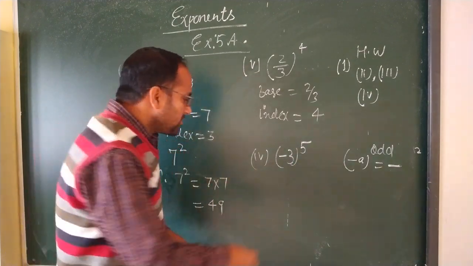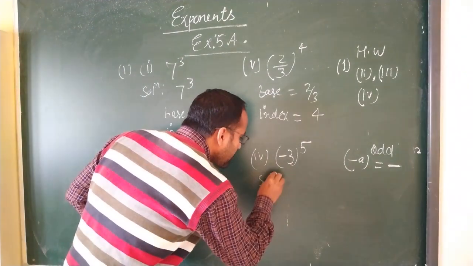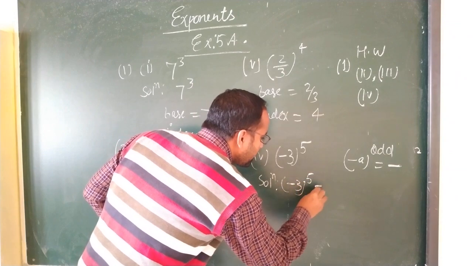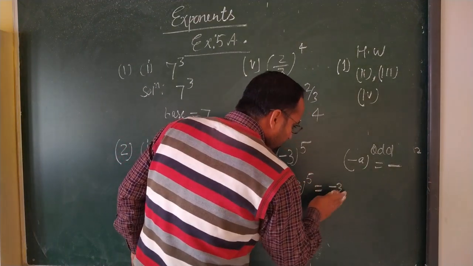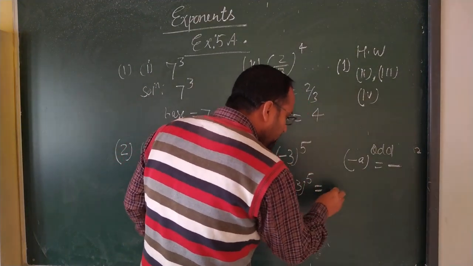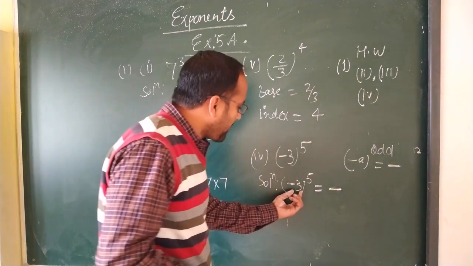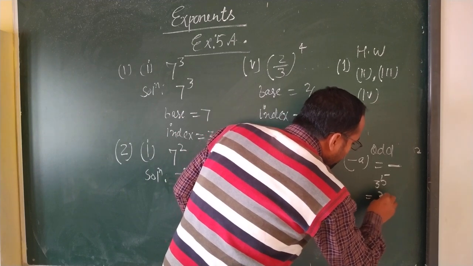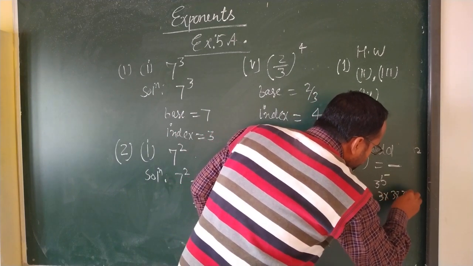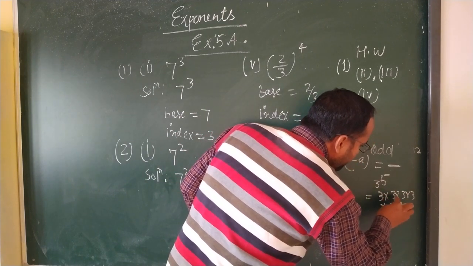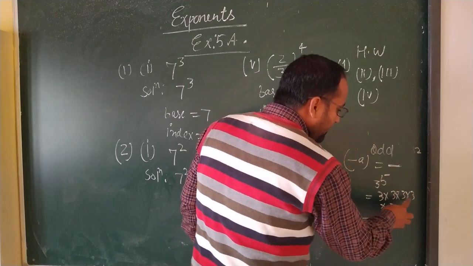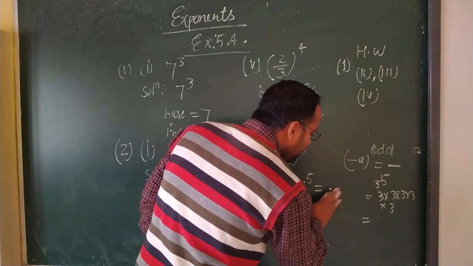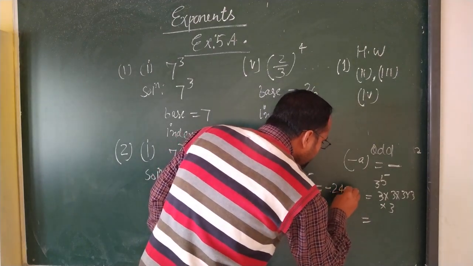Okay students? So in this case, the solution for this one: minus 3 to the power 5 is equal to minus 3. If you want, you can write this minus, otherwise directly you will write minus and find the value of 3 to the power 5. 3 to the power 5 means that 3 is multiplied by 3 five times. 1, 2, 3, 4, 5. 3 3s are 9, 9 3s are 27, 27 3s are 81, 81 3s are 243.